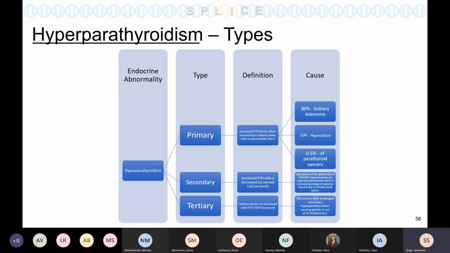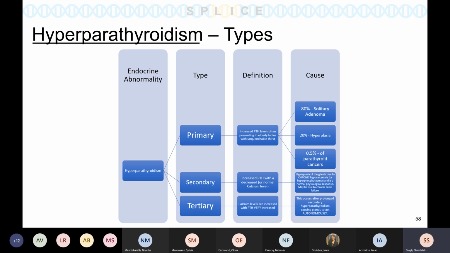You do blood tests and see that she's got high PTH. Normally it's because of a solitary adenoma, a solitary bit of the parathyroid glands just pumping out PTH like nobody's business. 20% is hyperplasia and 0.5% parathyroid cancer, so it's quite rare to get parathyroid cancer.